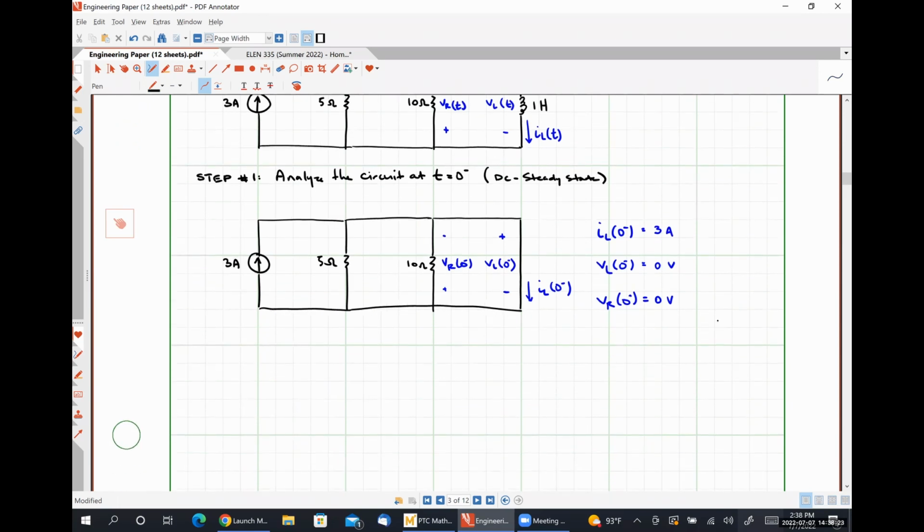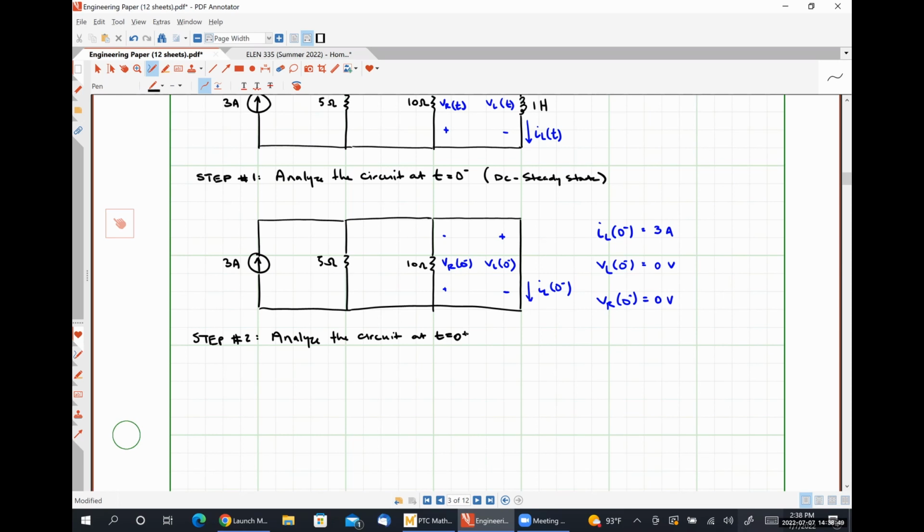So step number 2 will be to analyze the circuit at t is equal to 0 plus.